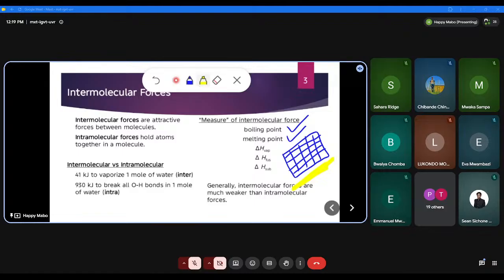Then other parameters that might also be considered include the triangle that you see there, which is a Greek symbol called delta. Delta means change in. Then the H that is shown here in a slanted form is called enthalpy. This concept, I'm sure, was reviewed when you were learning chemistry back in secondary school.